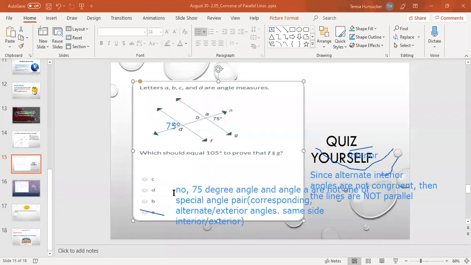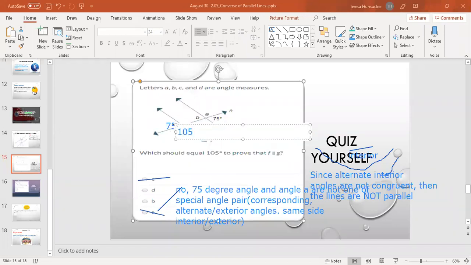All right. So the answer is actually D. So D would have to be 105, because both D and the 75-degree angle that we were originally given are same side exteriors.